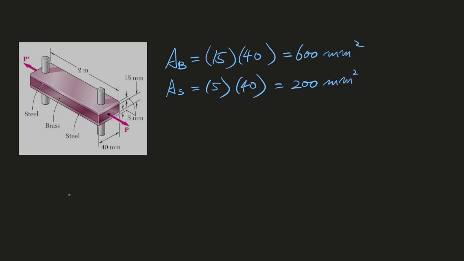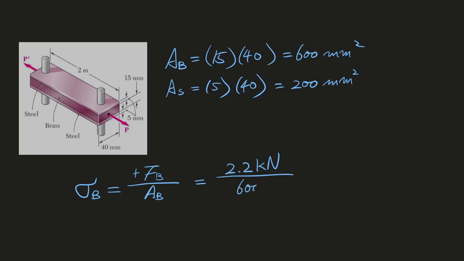The last step, we want to say the stress, the normal stress in B, brass, is equal to positive F for tensile over the area of B. That means 2.2 kilonewtons over 600 millimeters squared.